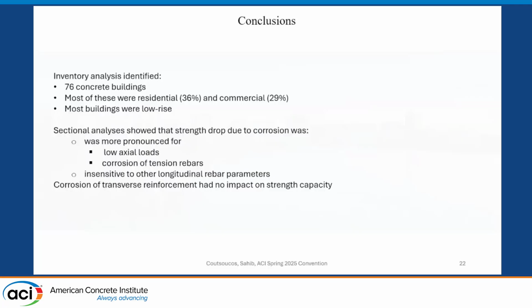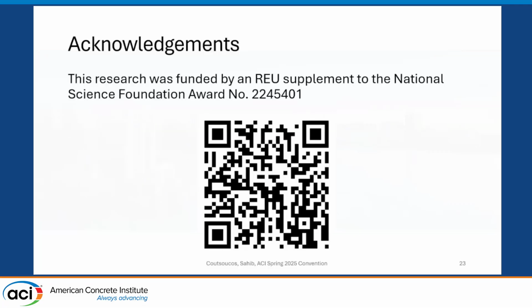And regarding the sectional analysis, as you saw from the slides, pronounced strength drop occurred only in the cases where we had low axial loads or mostly tension rebars being corroded, while the rest of the longitudinal parameters indicated no sensitivity at all. And of course, the corrosion of transverse reinforcement had not really any impact on the strength capacity.